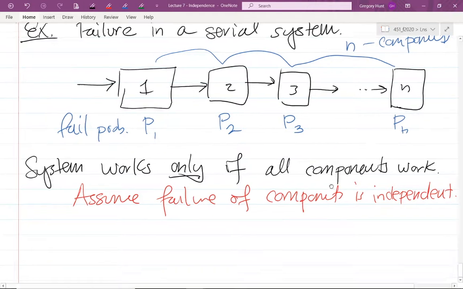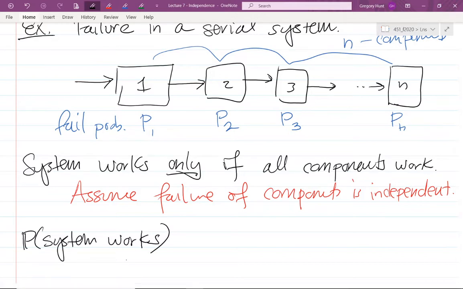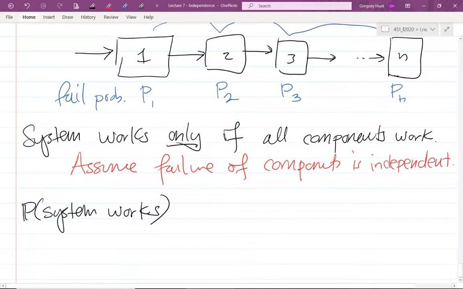So what I'd like to do is calculate the probability that the system works, or the probability the system fails, which is going to be 1 minus that. So we can do this by letting W stand for works.